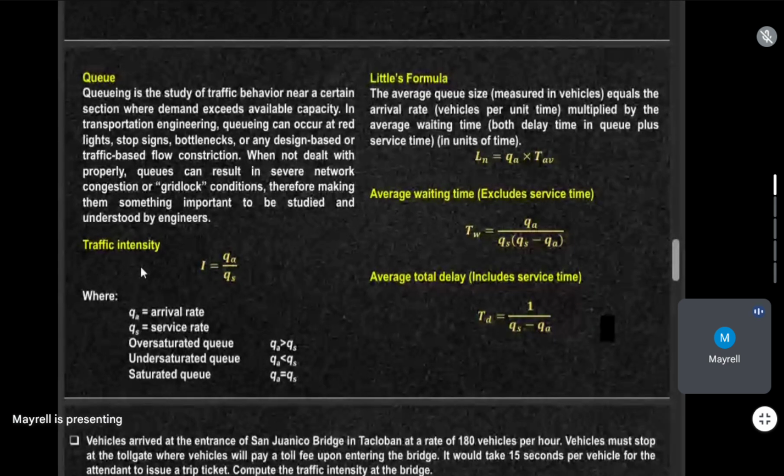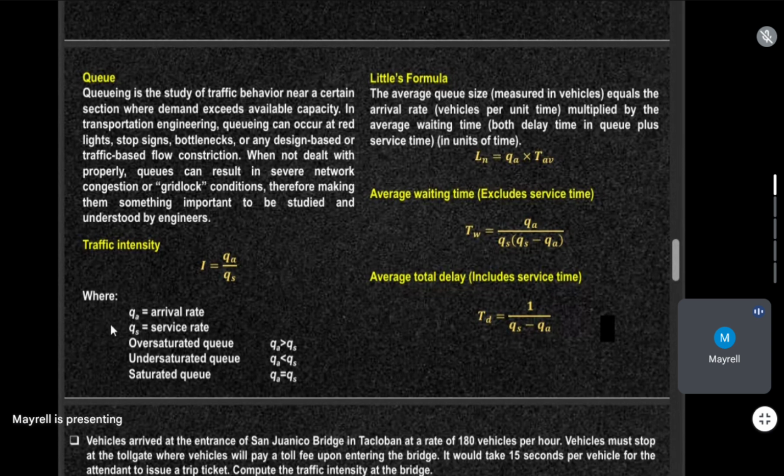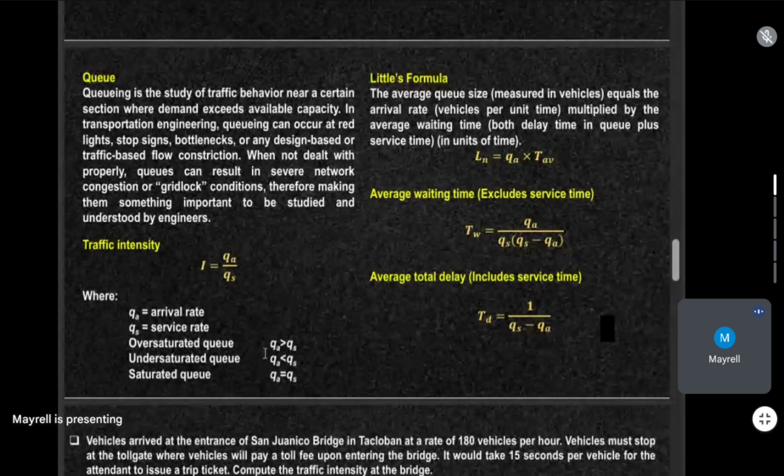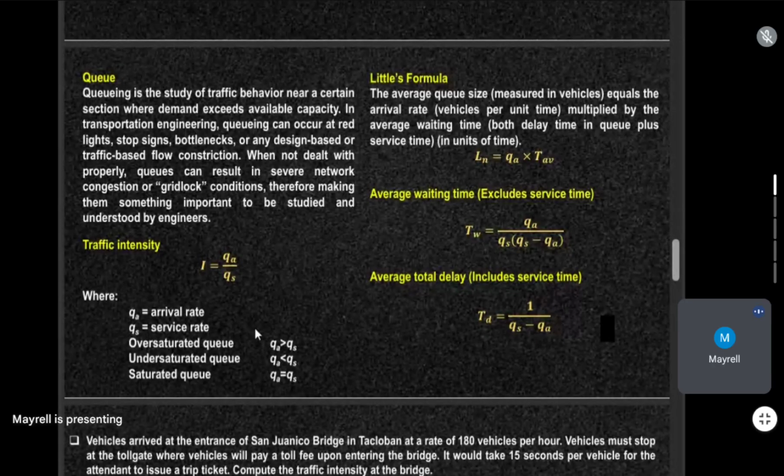So we have formulas again. Traffic intensity: I is equal to QA over QS, where QA is the arrival rate and QS is the service rate. An oversaturated queue happens when the arrival rate is greater than the service rate.